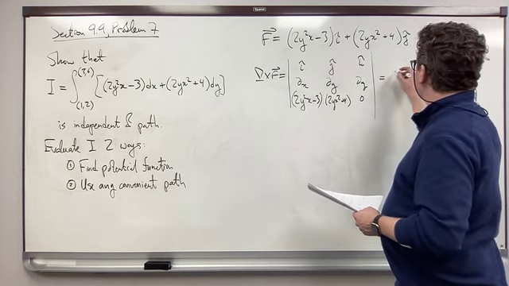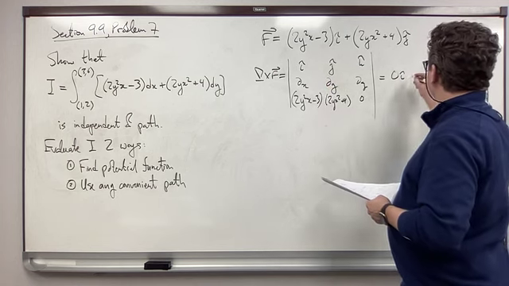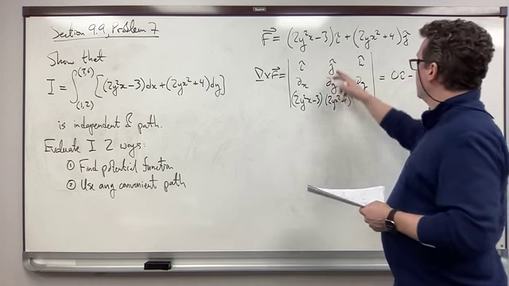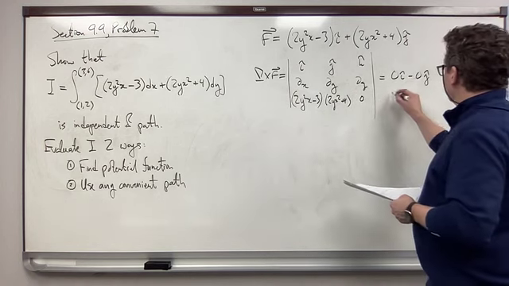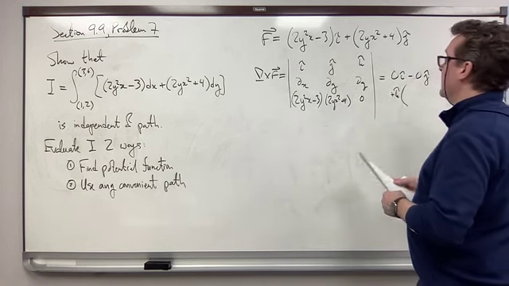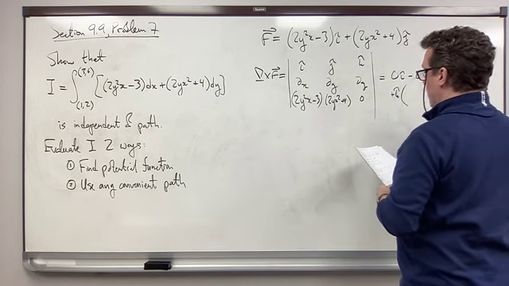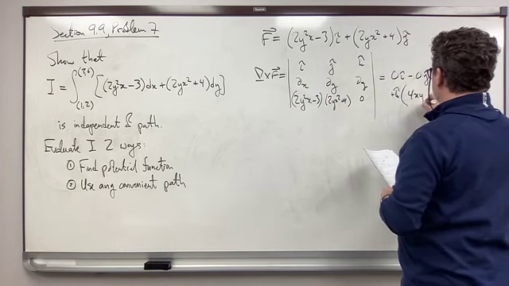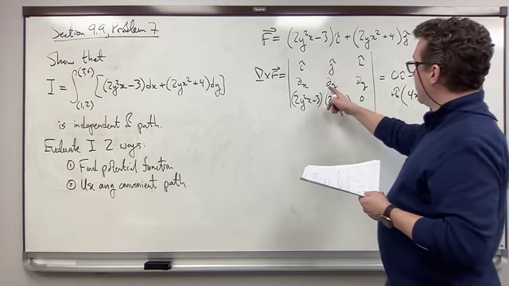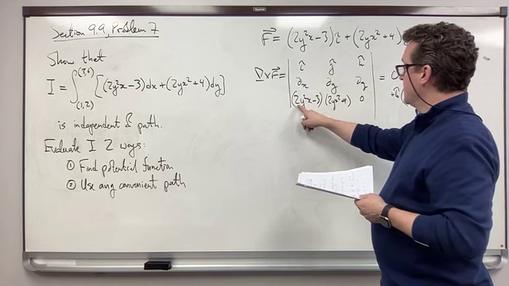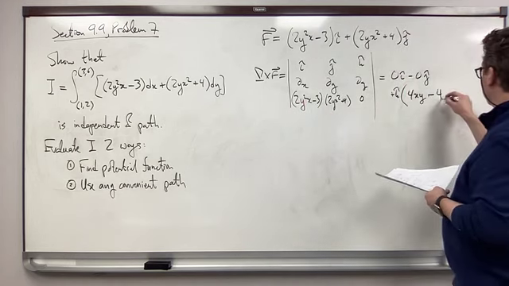Okay, so this becomes 0i, minus 0j, since the derivative with respect to x of 0 is 0 and the derivative with respect to z of this function of x and y is 0, plus k. For k I have the derivative with respect to x of this, so that's 4xy, then minus the derivative with respect to y of this, which is 4yx.